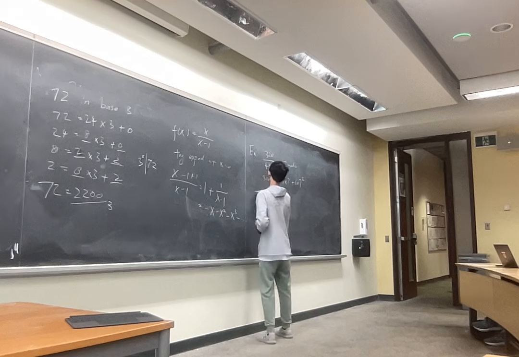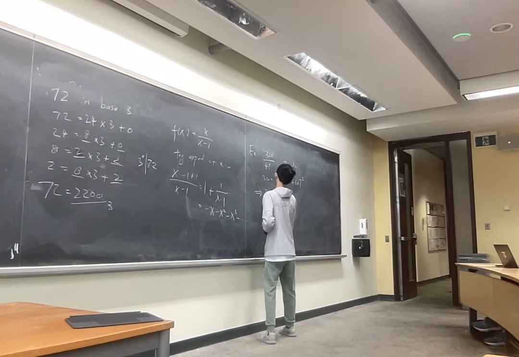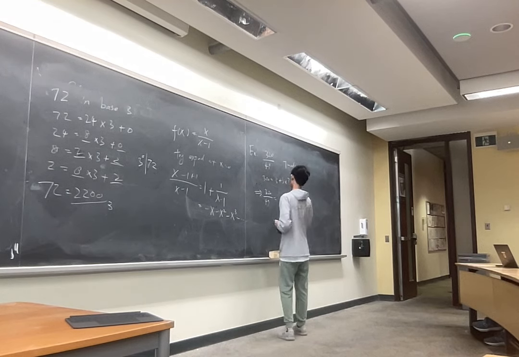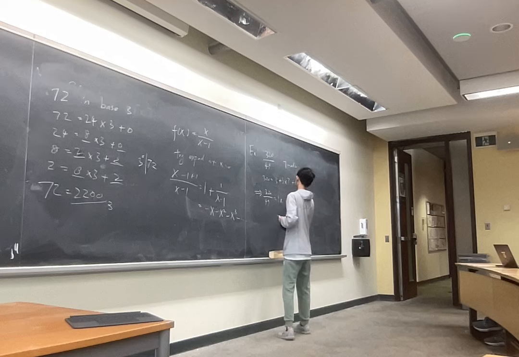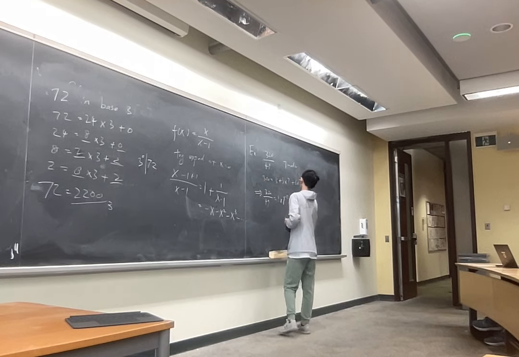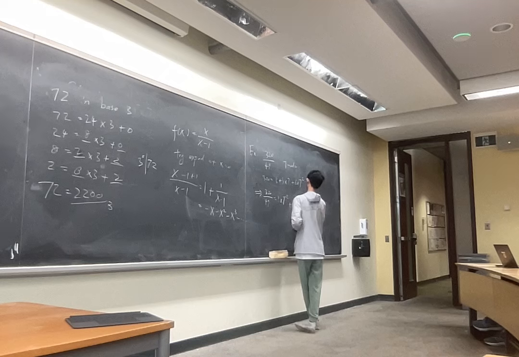Therefore 320 over 49 is just 5 times 7 to the negative 2 plus 3 times 7 to the negative 1 plus 6.